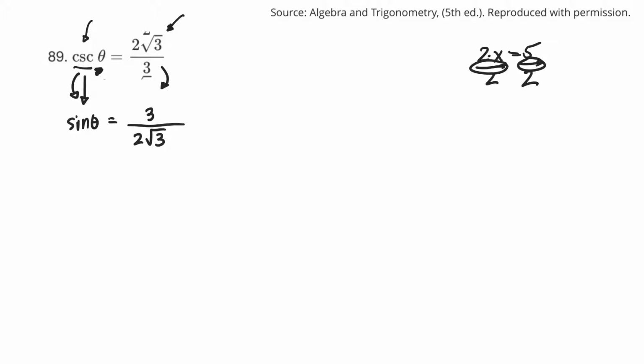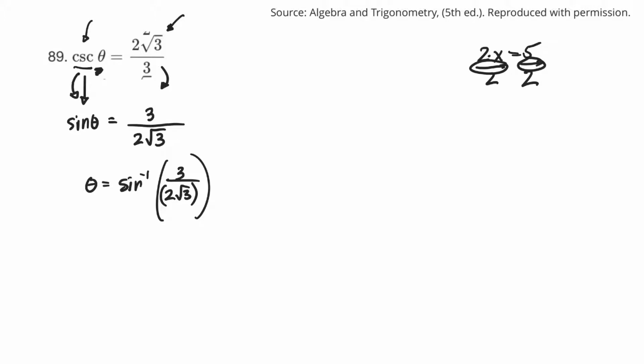Okay, now I could do this on my calculator. I could go theta is equal to the arc sine of whatever 3 over 2 root 3 is, making sure you probably put this in brackets down there so it doesn't perform the wrong operation.